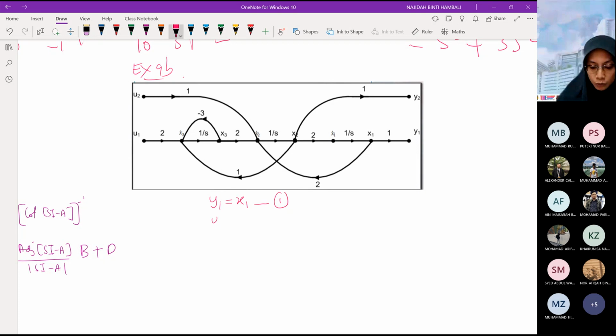Next, Y2 equal to X2. Okay, so this is MIMO system. Y2 equal to X2, this one. Next, so we've done with the output. So yang ni nanti kita akan construct matrix C.